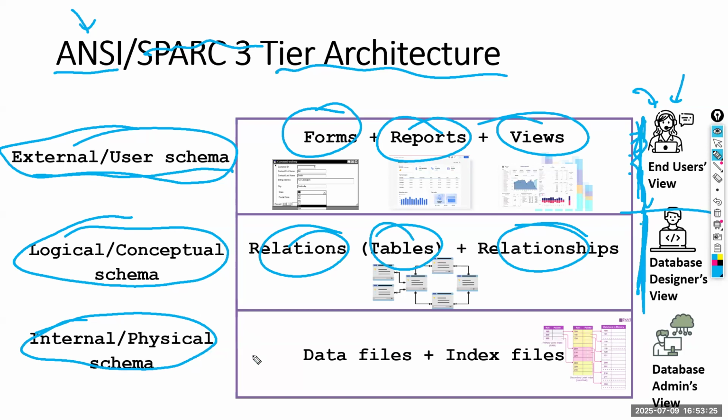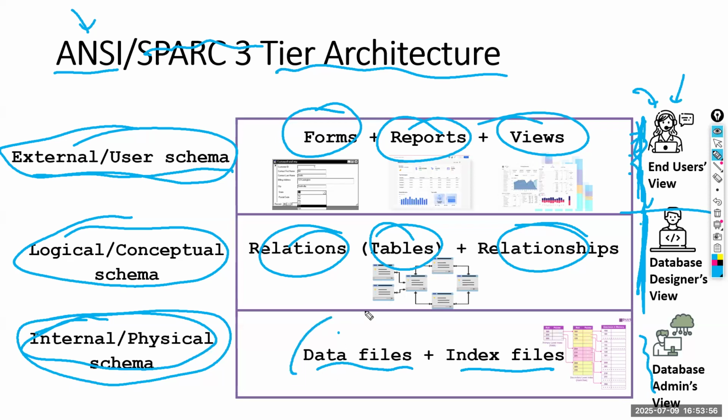The lowest layer is the reality, right? Ultimately, your data must be a set of files, because even the operating system is a set of files. Those are data files and index files. You will better understand what an index file is later. This is called the internal or physical view. This is the database admin's view, because they need to take backups and handle performance tuning and security. So they need to refer to these files. For example, for backup, they need to copy these files.